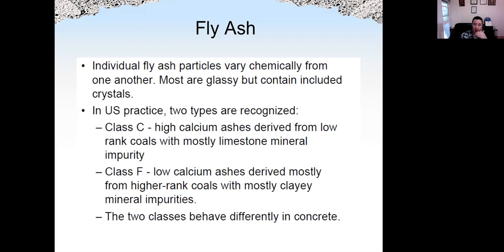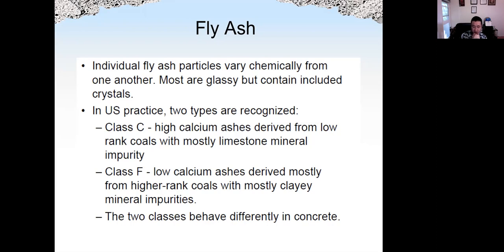In the US, we have generally two types, Class C and Class F. Class C has high calcium oxide. Generally speaking, more than 10% of calcium oxide, we call that Class C fly ash. Class C fly ash normally comes from western states such as California and Oregon.